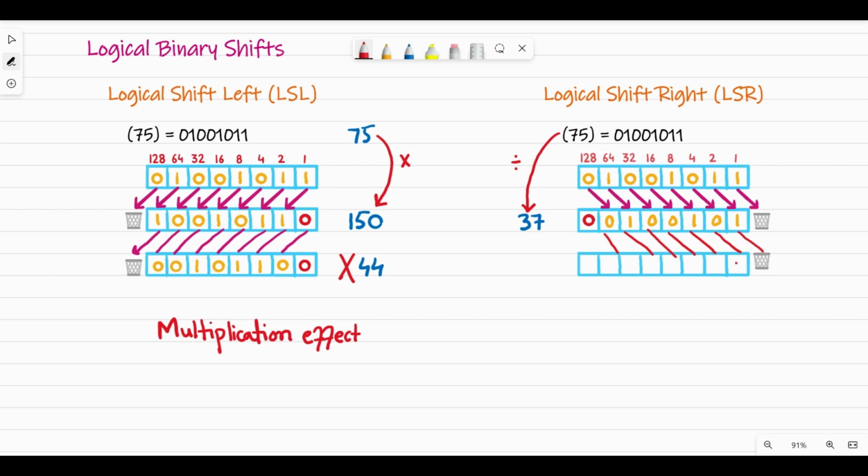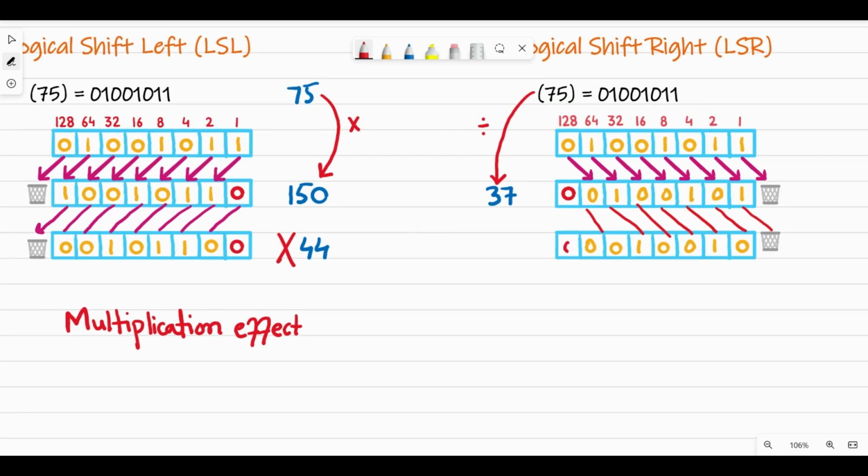So we will fill it with a 0, 0 1 0 0 1 0 0. Again we have come up with a hole, we'll fill it with 0.